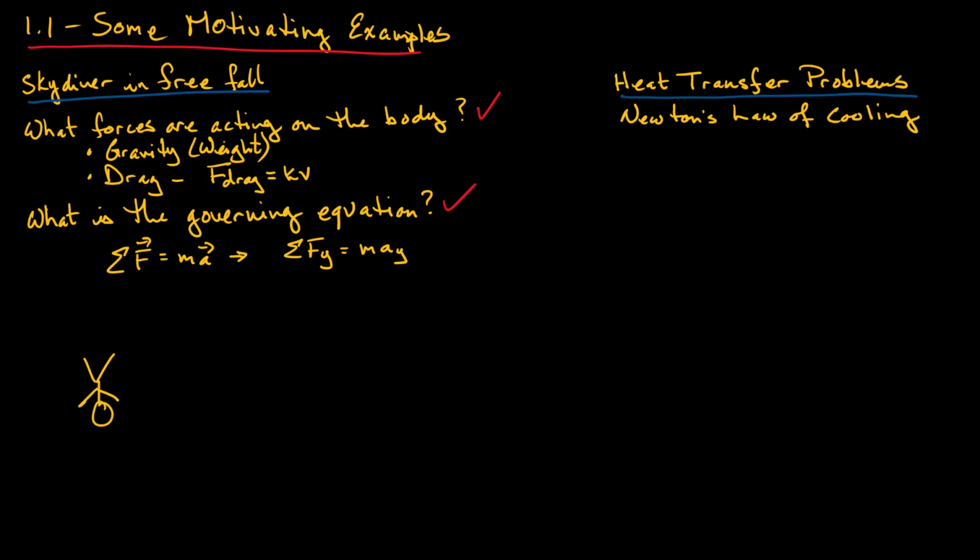So let's draw this out on our free body diagram. So we have the weight, which is equal to the mass times the gravitational acceleration. And we have the drag force, which we are assuming is of the form kv.